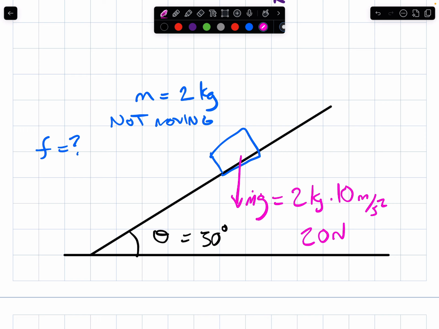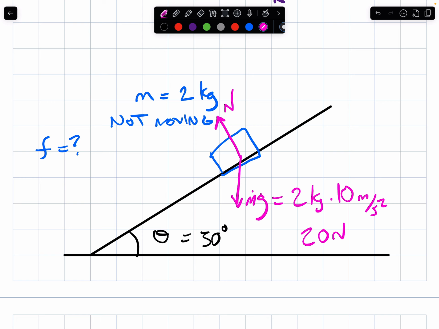Then there's a normal force acting perpendicular to the surface. N is this way. And the other thing about objects on inclined planes is what we do with gravity. I know the gravity force is pointing straight down, but that force is exerting force on the box in 2 different directions.